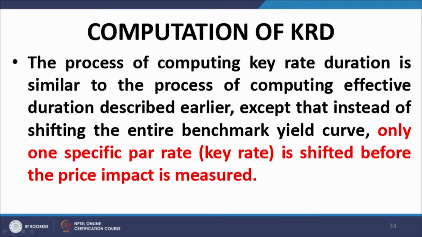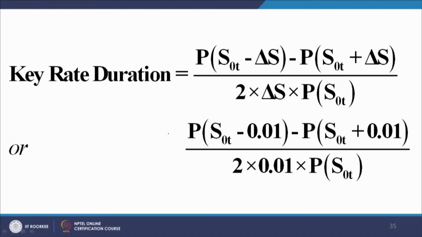The process of computing key rate duration is similar to the process of computing the effective duration described earlier, except that instead of shifting the entire benchmark yield curve, only one specific par rate, the key rate, is shifted before the price impact is measured. So, this is the formula here. Recall what formula we had for the effective duration?